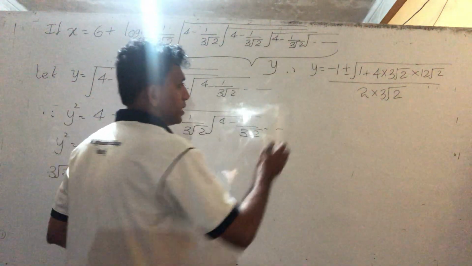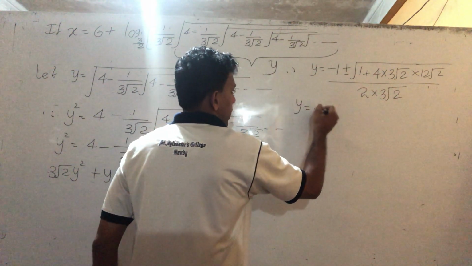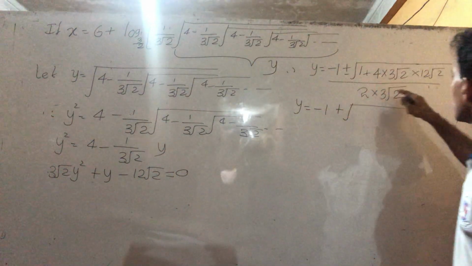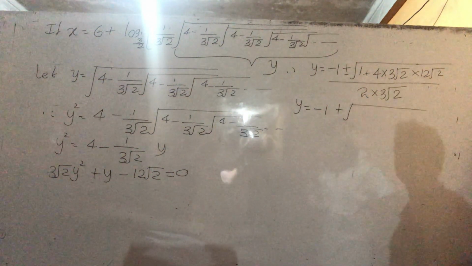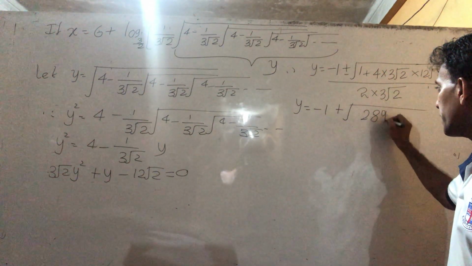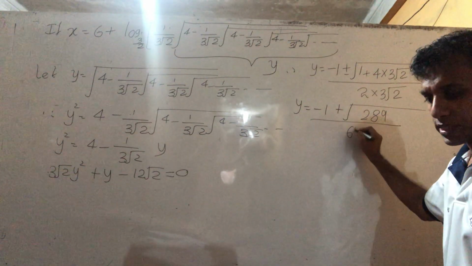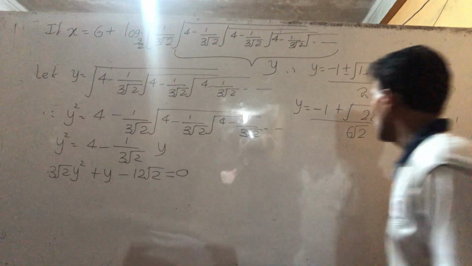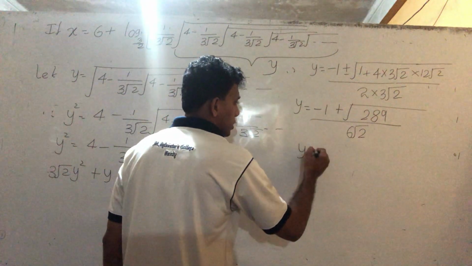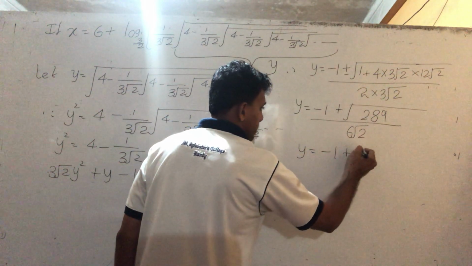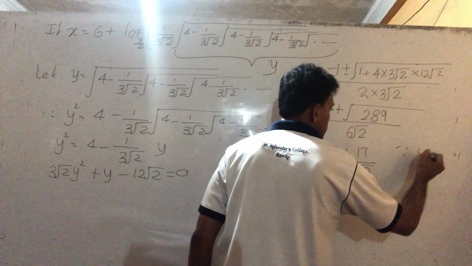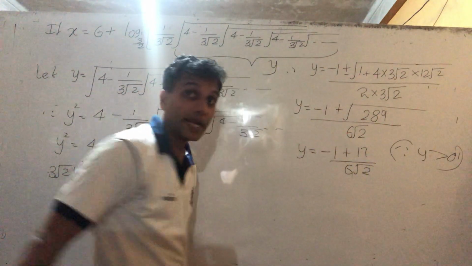Now simplify this. y equals minus, I say plus only, right? Square root, what is 36, 144, 289? Check, will you? 289 over 6 root 2, over 6 root 2. The square root of 289 is 17, right? So y equals minus 1 plus 17 over 6 root 2. y is positive, y greater than 0, that's why you can't take the negative symbol for y.